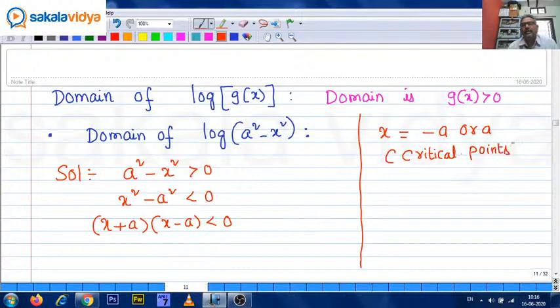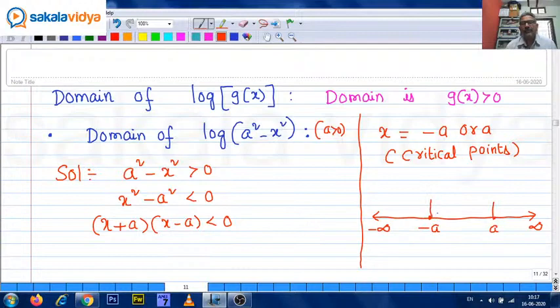Okay. Now wavy curvy method, let us apply. Here a greater than 0, remember. Minus infinity, plus infinity. Obviously when a greater than 0, minus a is negative. So minus a will be less than a only.